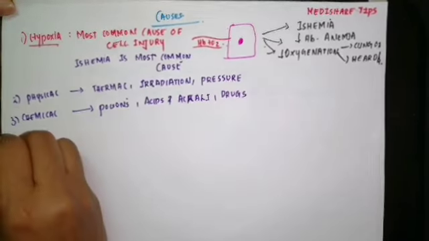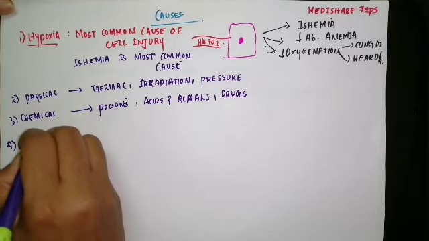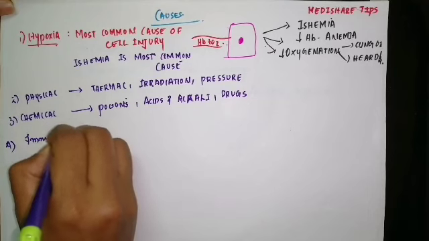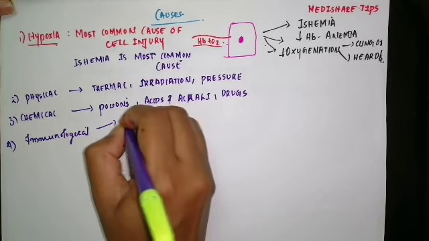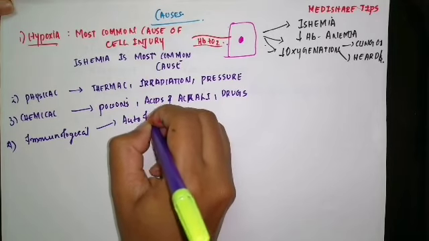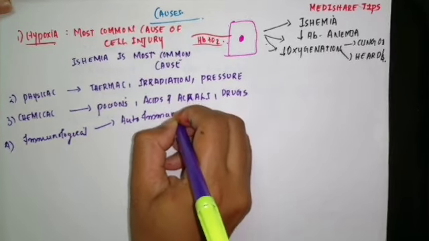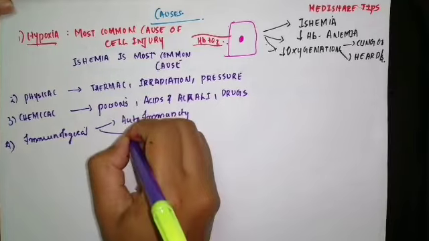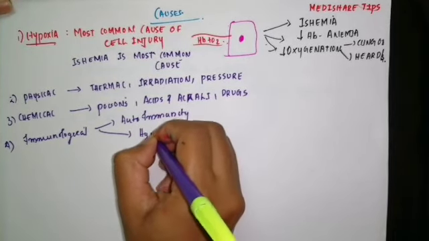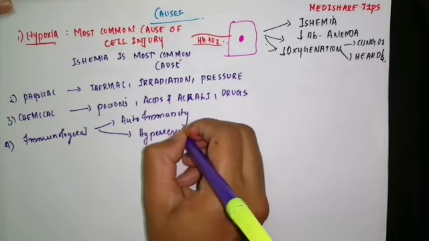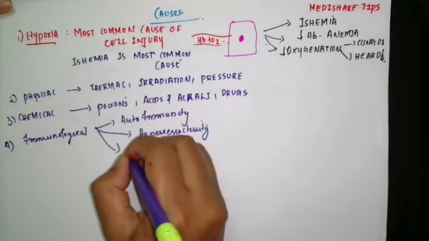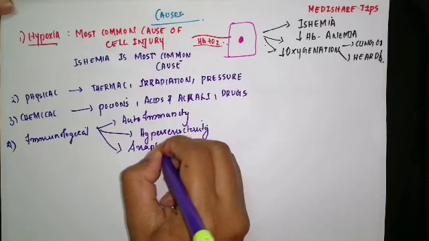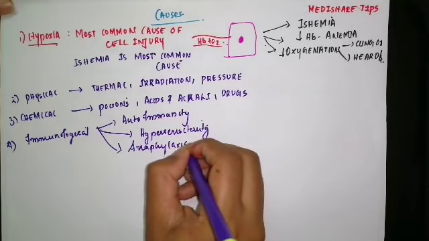Immunological phenomena which can lead to cell injury are autoimmune reactions, autoimmunity, which damages the cells, hypersensitivity, and anaphylactic reactions, anaphylaxis. These are the immunological causes.